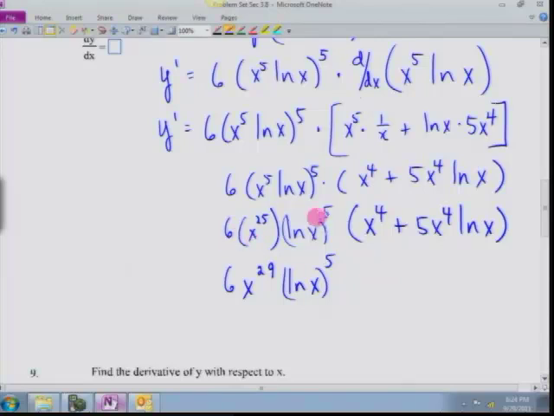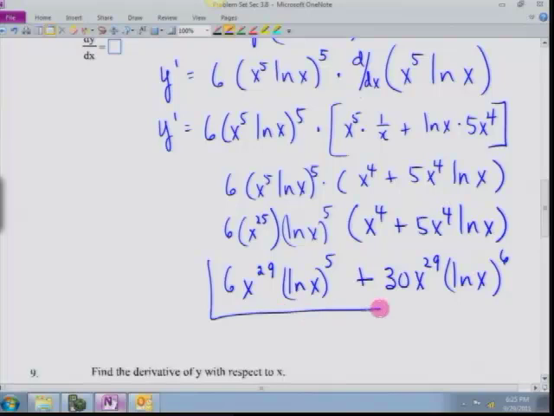Okay, so we multiplied this whole stuff times here, plus, now we've got to multiply this times this. So what do we get? This piece times this. 30x to the 29th, ln x to the what? 6? I think that's it.